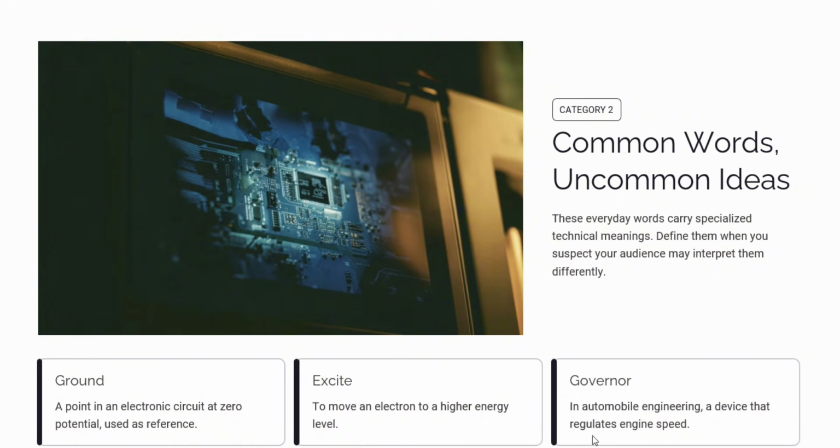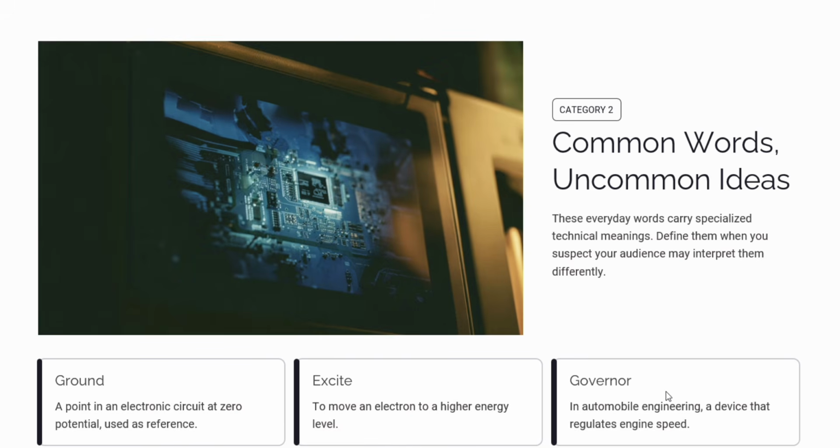Another example is the word governor. If I mention the word governor, your mind as a politician will be going towards the governor of your state. The first thing that comes to your mind is the governor of your state. But in technical writing, because I'm using the common word governor to represent something that is uncommon, I will have to define it.